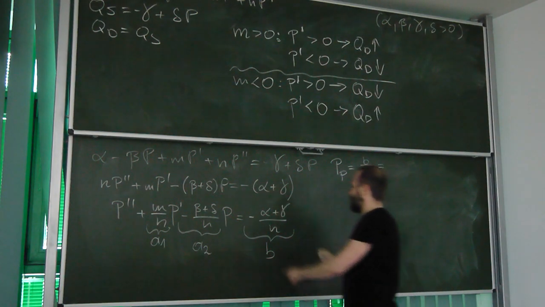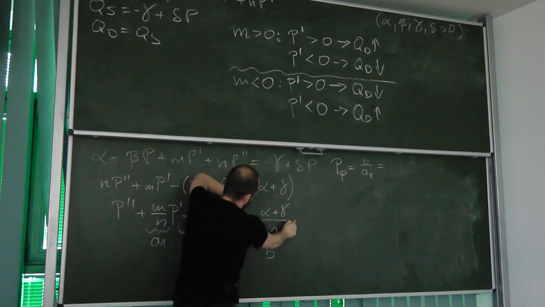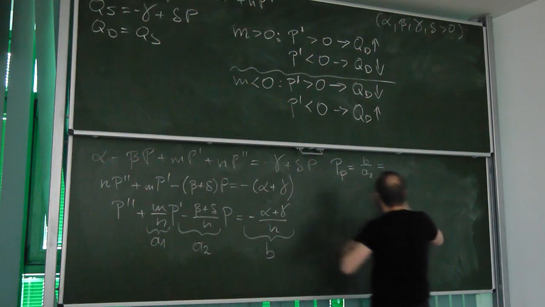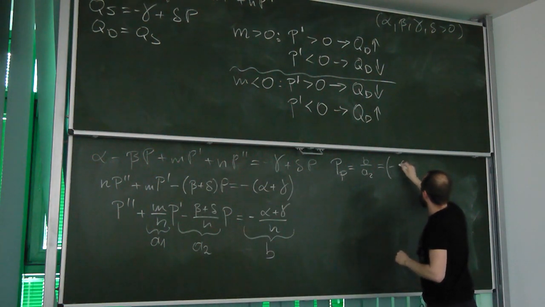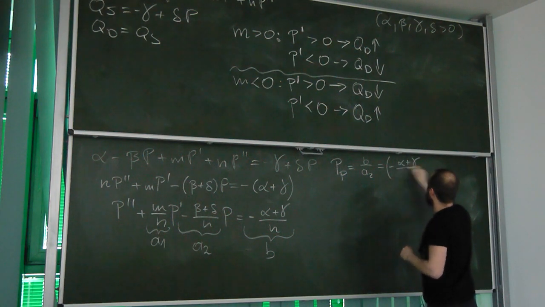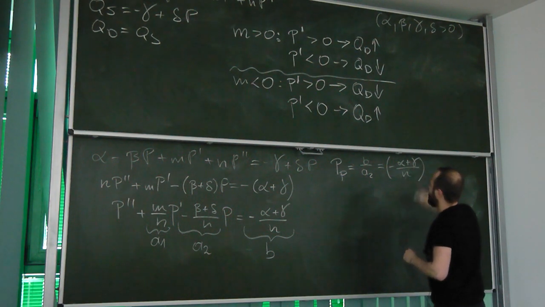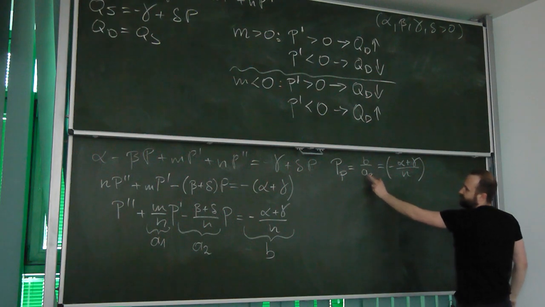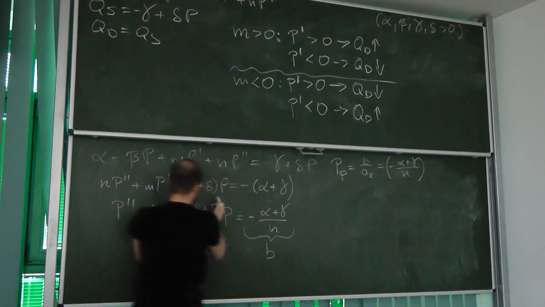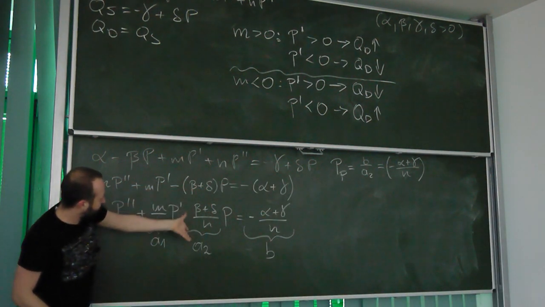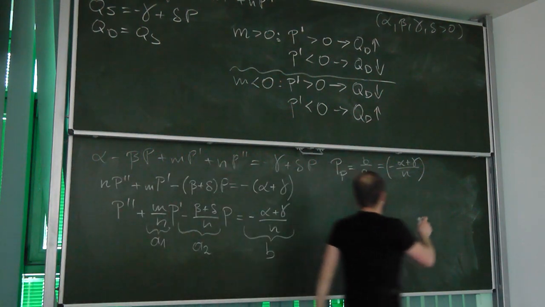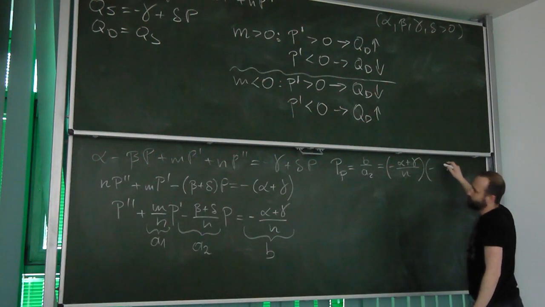So look, I'm going to take this expression, let's just do it in steps. And now I'm supposed to divide it by a2. So I'm taking the reciprocal of this expression and then multiplying it.